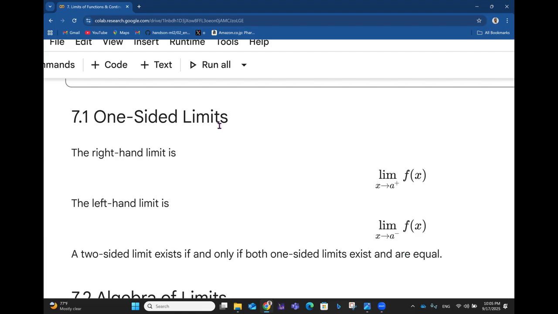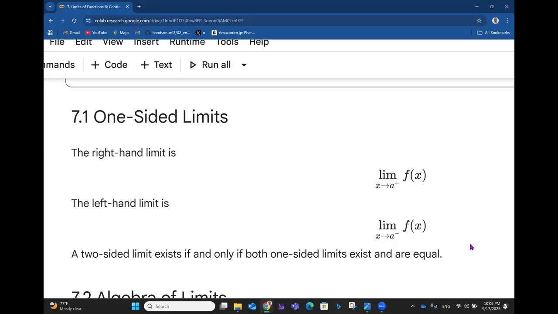Having seen these one-sided limits, we can say that a two-sided limit exists if and only if both one-sided limits exist and are equal. It means that for you to say a function has a limit, the two one-sided limits, that is the right-hand limit and the left-hand limit, must exist.